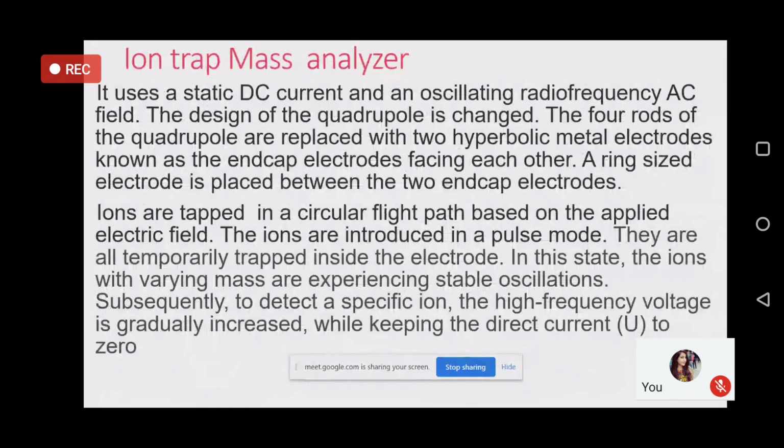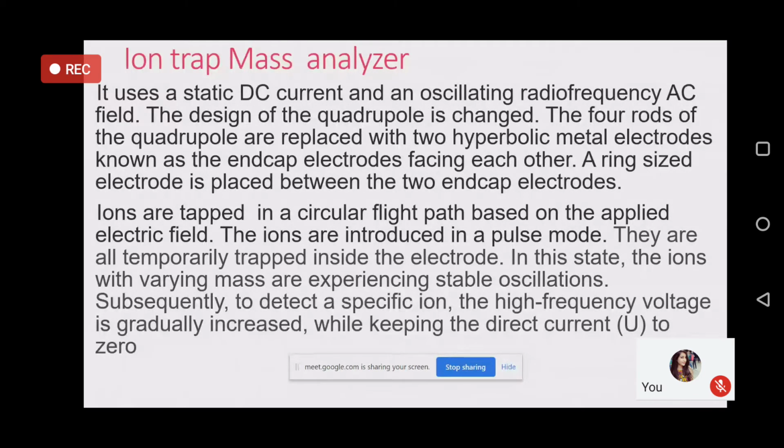Consequently, while keeping the direct current constant, how is the main operation done? The main operation is done by changing the electric field, which is oscillating. It is a radio frequency electric field. By changing that value, you will change the oscillating magnetic field as well. And because that changes, the electric field will change the velocity.